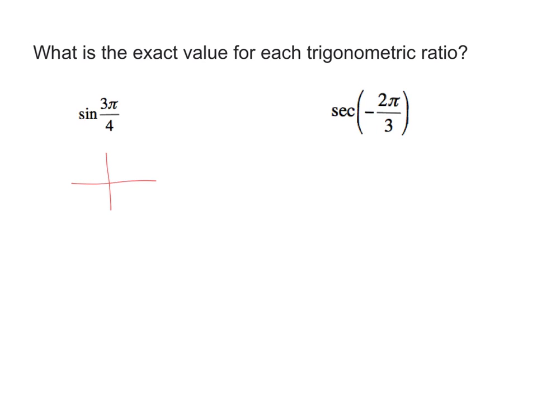So 3 pi over 4 is like there, right? So if that's where 3 pi over 4 is, it's this angle from the positive x-axis to there, because the angle's in standard position. But what is the reference angle? Pi over 4.